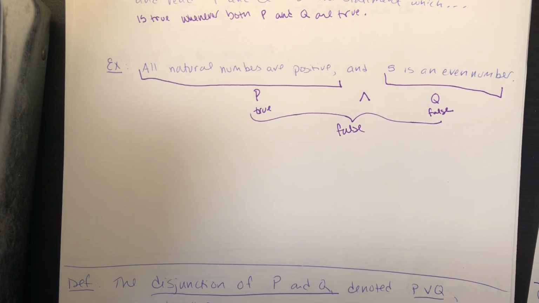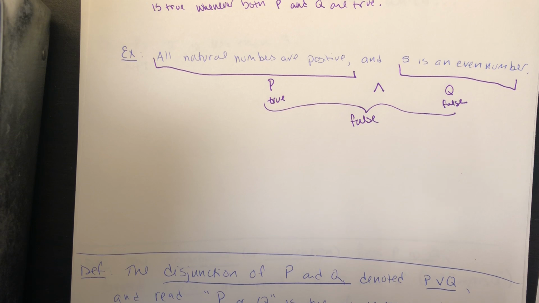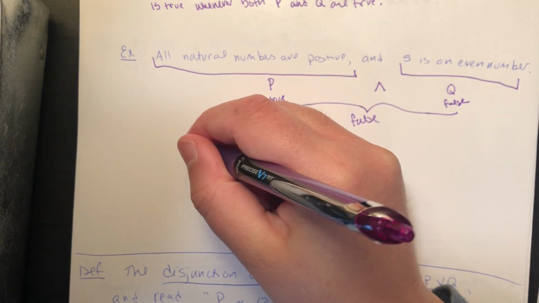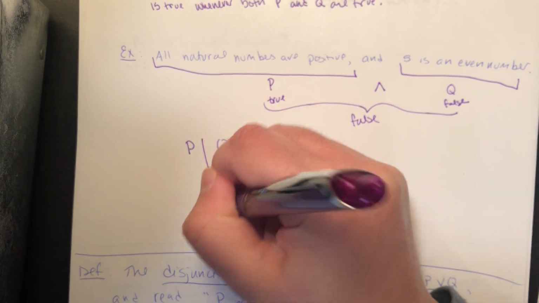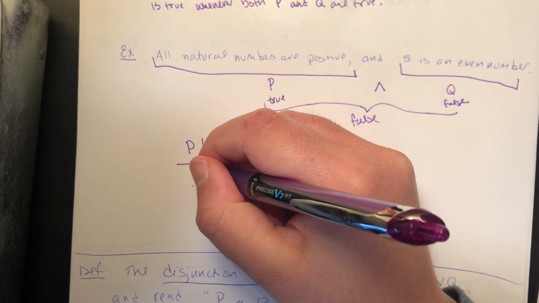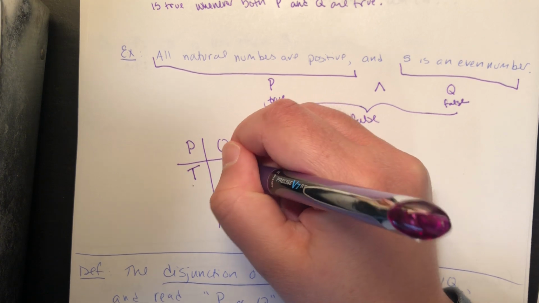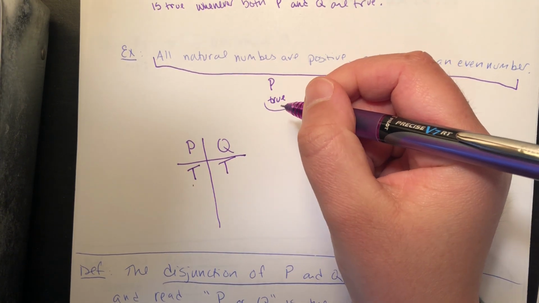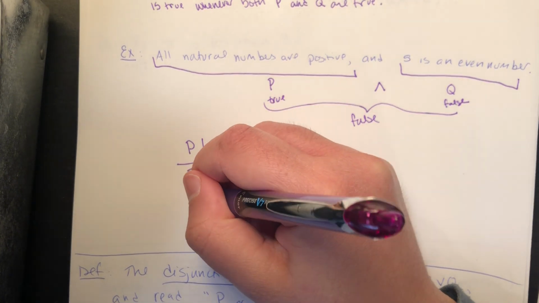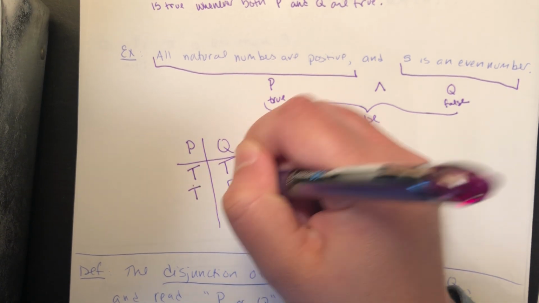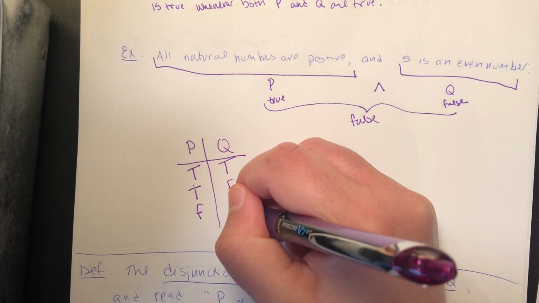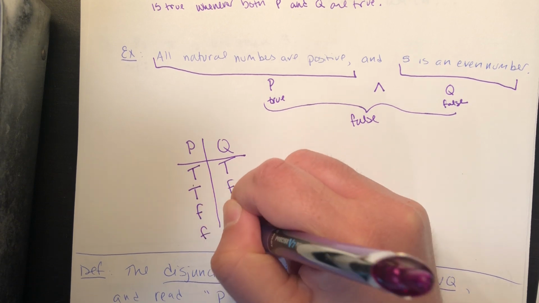Now, a good way to keep track of this, because there's 4 different combinations of truth values that arbitrary statements P and Q could have, would be in something that we call a truth table. So P could be either true or false, and Q could be either true or false, which means our different combinations would be both true, P is true and Q is false, P is false while Q is true, or they're both false.